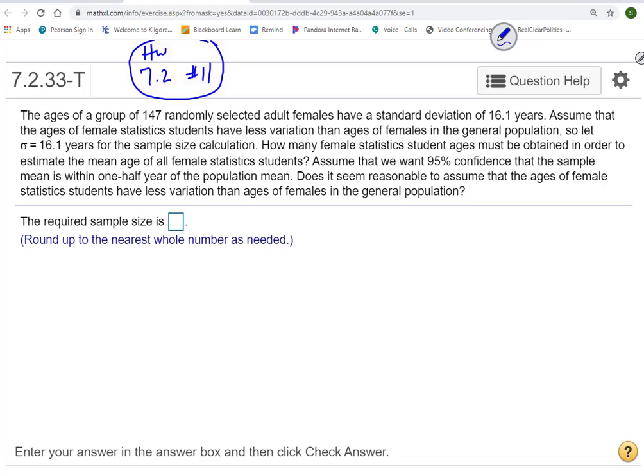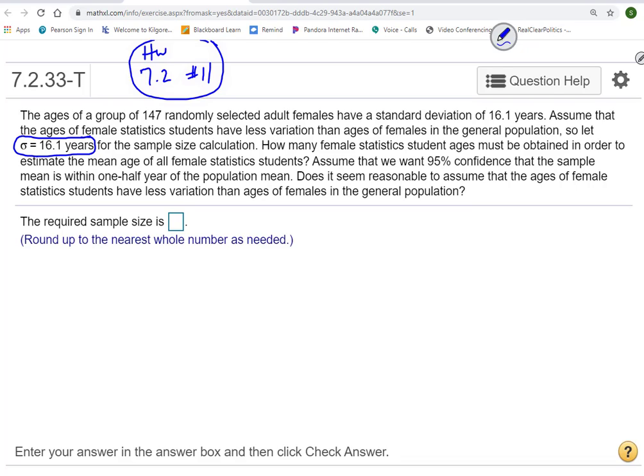When you're reading about the ages of a group of 147 randomly selected females that have a standard deviation of 16.1 years, assume that the ages of female statistics students have less variation than ages of females in the general population, so we're just going to use sigma equals 16.1 for the sample size calculation.